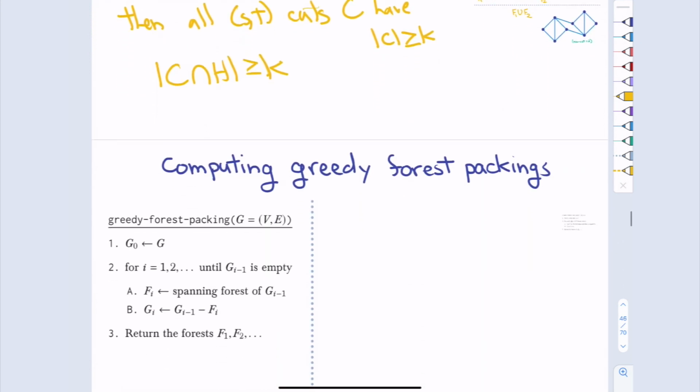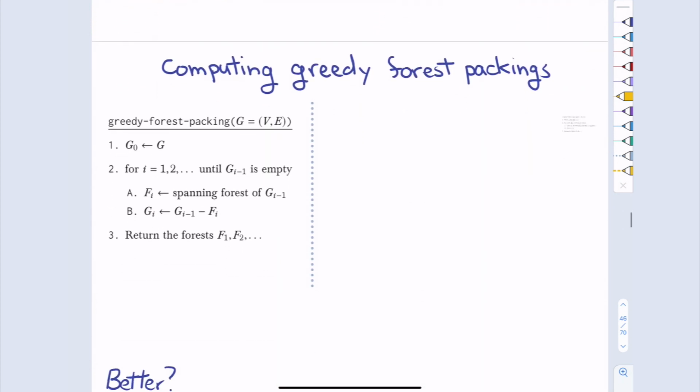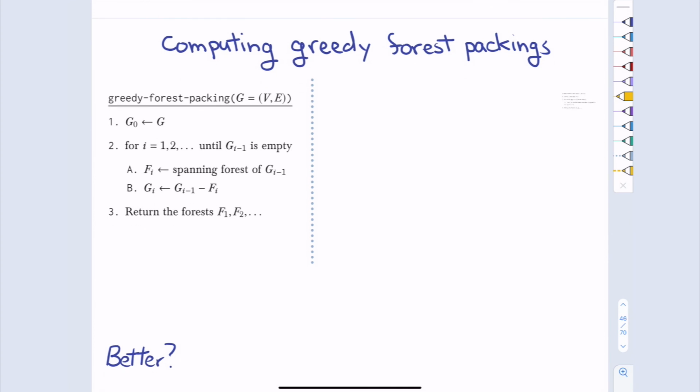So that works. Alright, so we have about 5 minutes. Let's talk a little bit about how to compute these things and also why they're useful, somewhat briefly. If I were to run this algorithm as described, how long might this take?